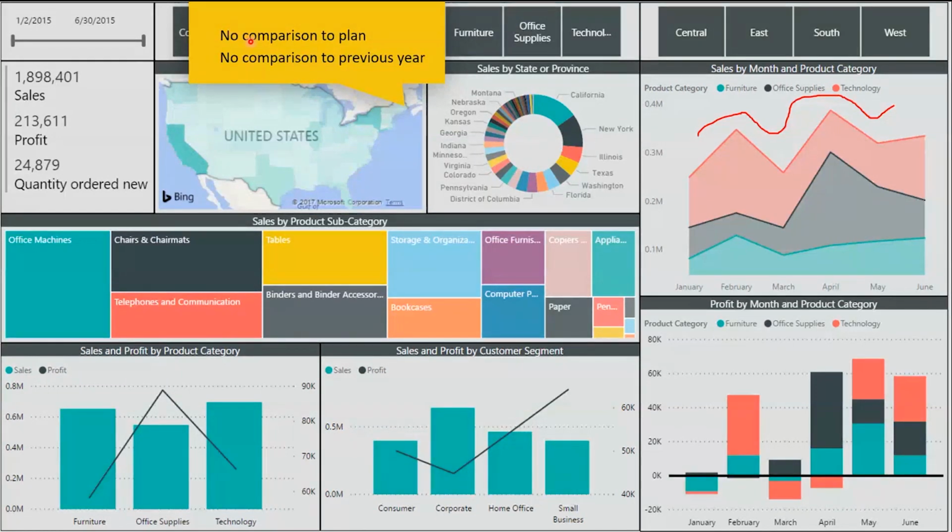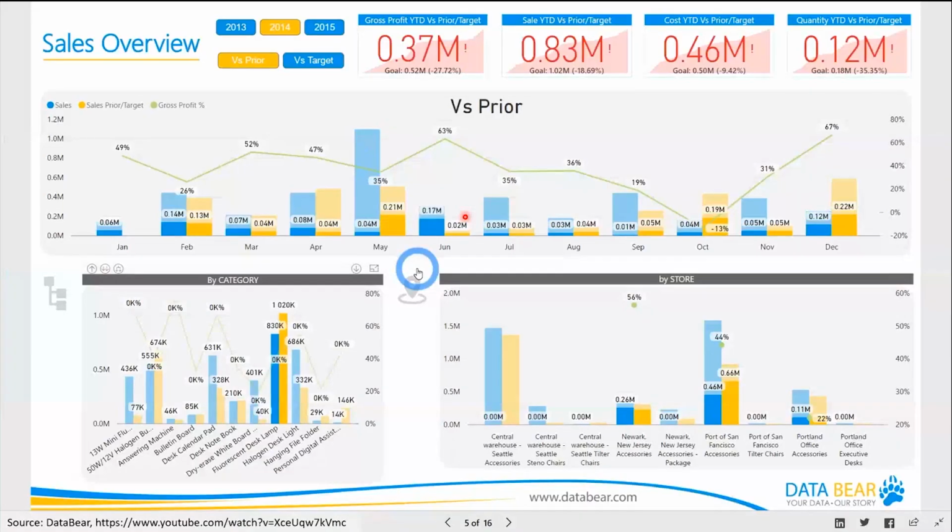So we saw this example, which does not have any kind of comparisons to plan or to previous year in the visualization here. There's no plan measure, previous year measure, or forecast or anything like that here. Well, most of the time, business dashboards, like sales versus actual reports, and cost versus actual reports, will have this, right?